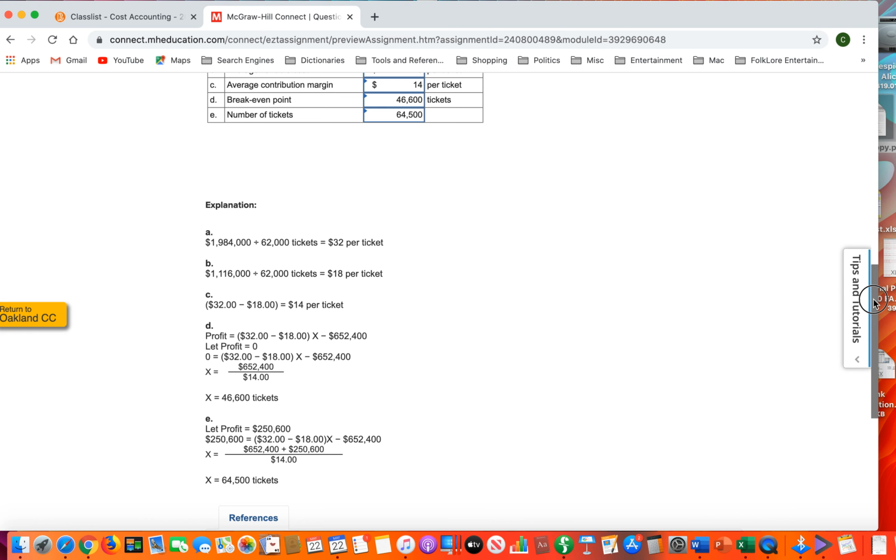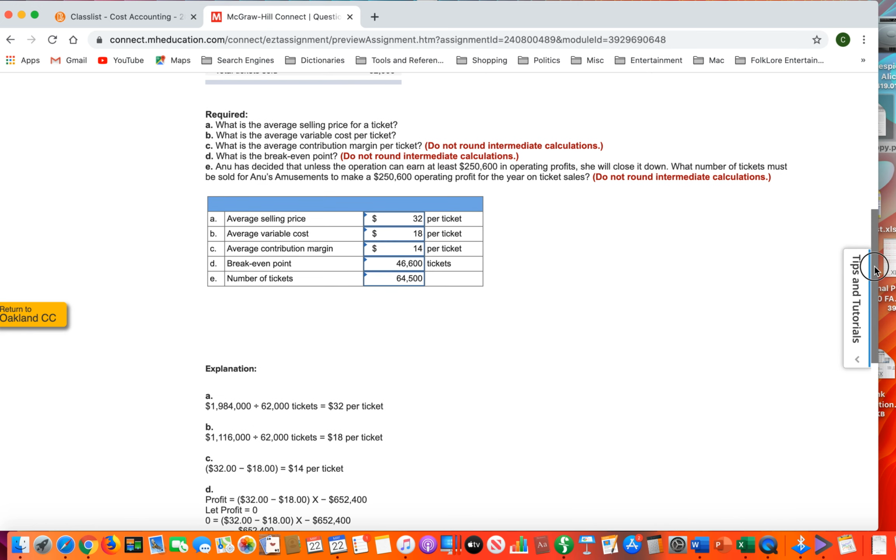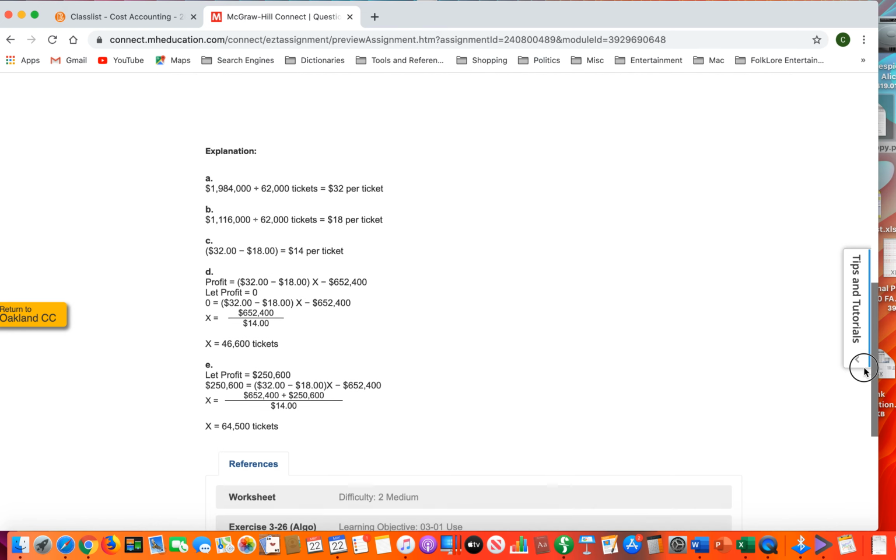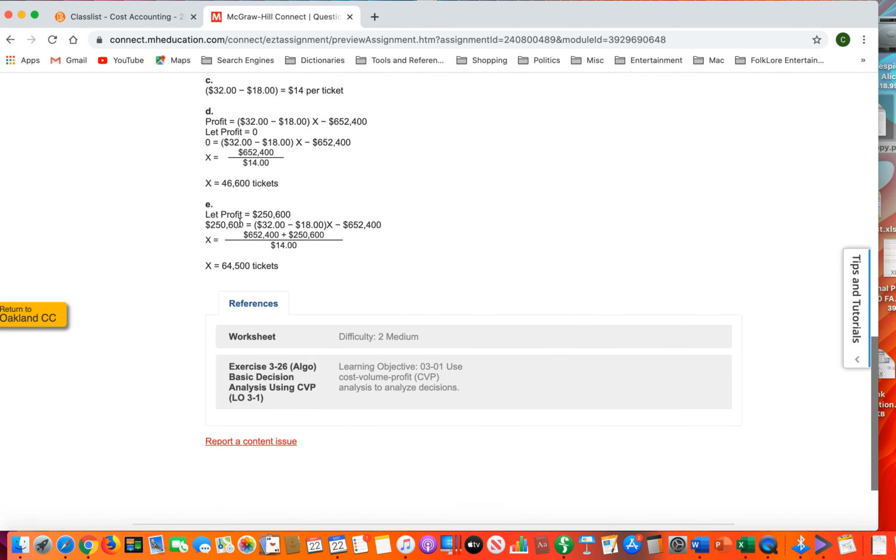So she has to sell 64,500 tickets in order to meet that profit goal. Again, if you want to go through all of this up here, fine. But to me, it's simply, okay, what's the fixed cost? What's the target? Add them together and divide by the contribution margin per unit.